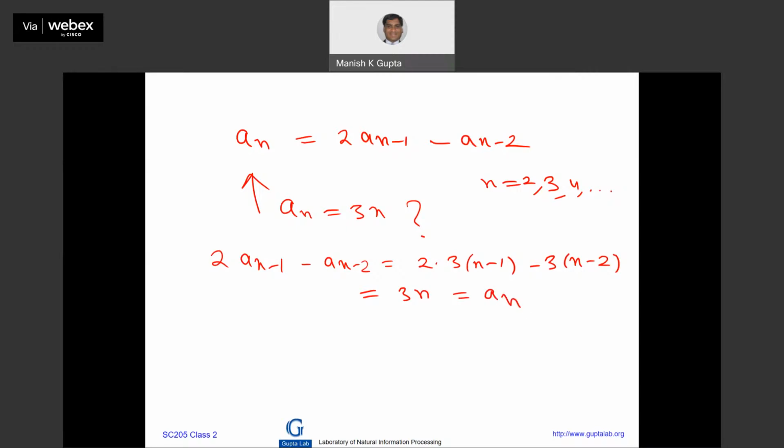So we started with 2 times a_{n-1}, on the right hand side we substituted this value and we got 3n, which is a_n. So it is satisfying the equation, right? So a_n is equal to 3n is a solution.